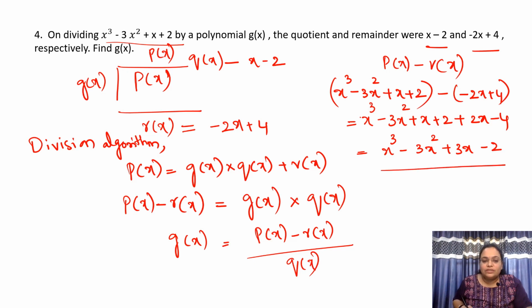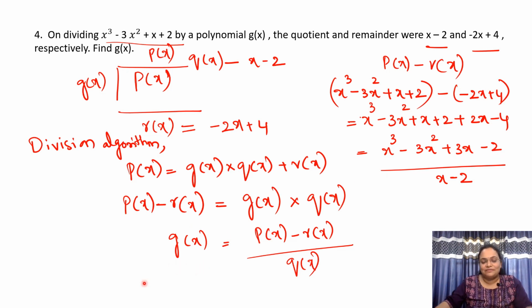So this is your p(x) - r(x). We will divide it with q(x). What is q(x)? q(x) is x - 2. When you divide these both, the quotient you get is your g(x).